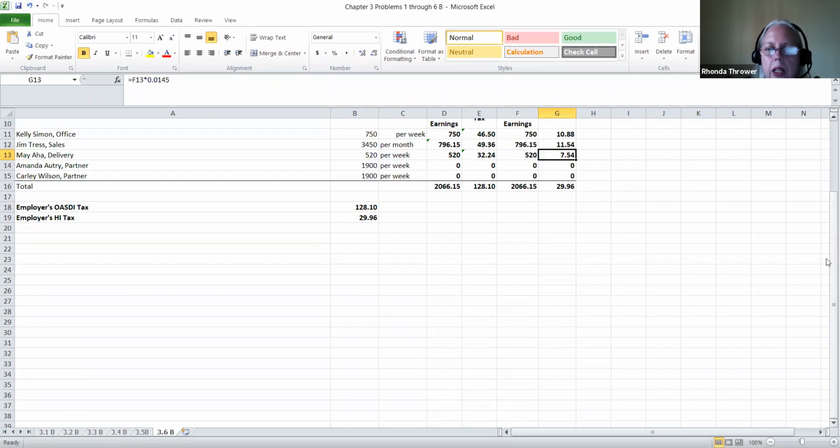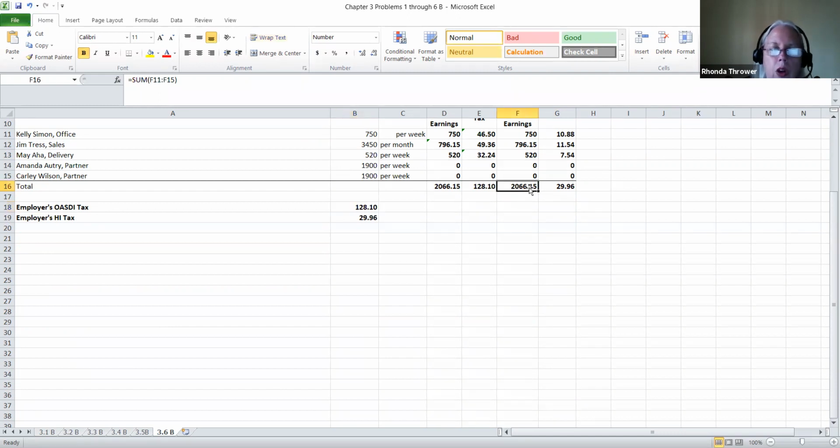So for the remaining portion of this, they wanted you to calculate the employer's OASDI taxes. Remember how we added the earnings together to get 2,066.15? We would multiply that by 6.2%, and that would give you $128.10.